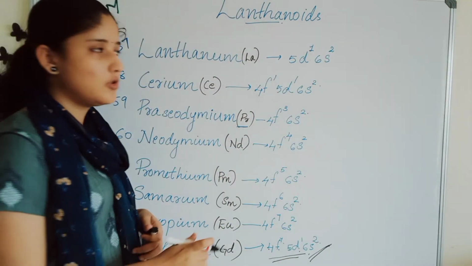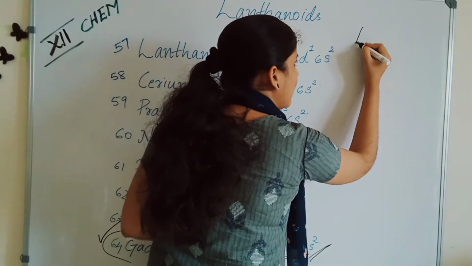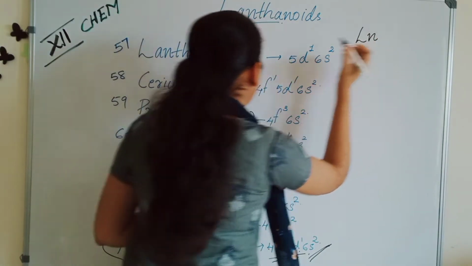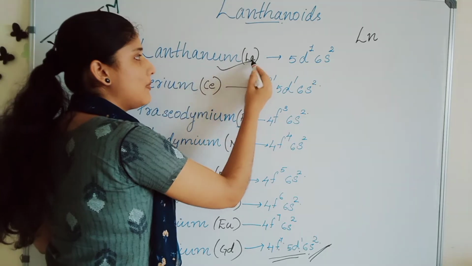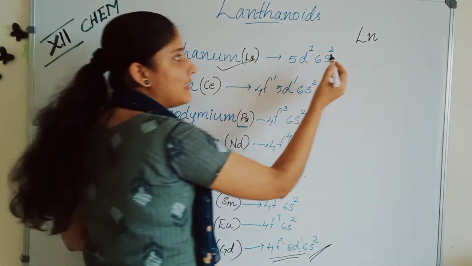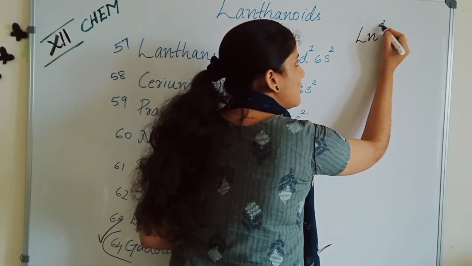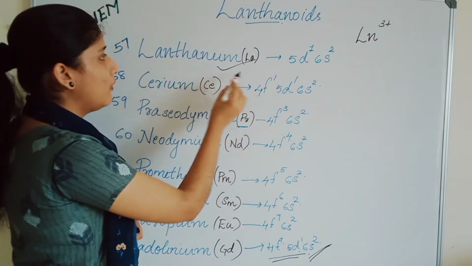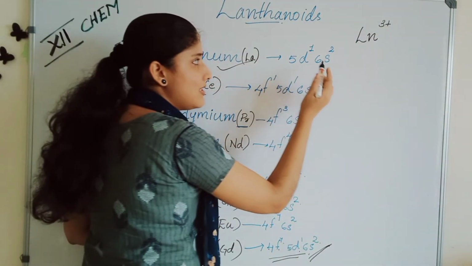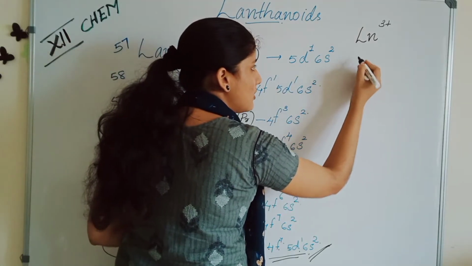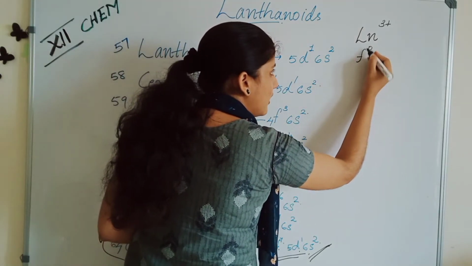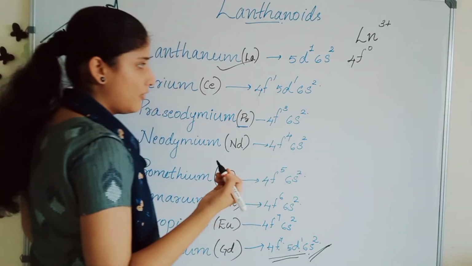Okay. Look students, the lanthanides are represented by Ln. Lanthanum is represented by La, but lanthanides in common we represent by Ln. Ln in 3+ oxidation state: for lanthanum it is 5d1, 6s2. When 3 electrons are lost, it will be 4f0 configuration.